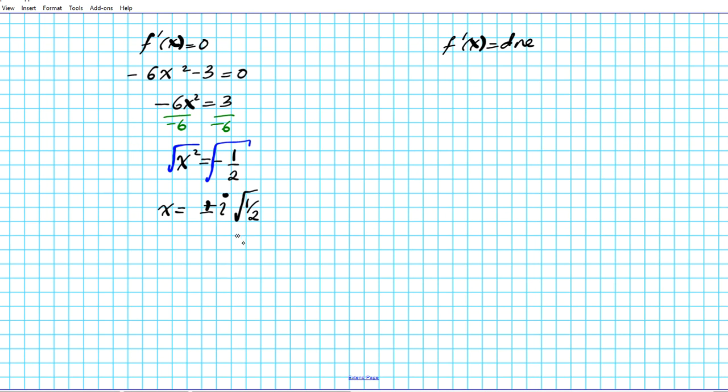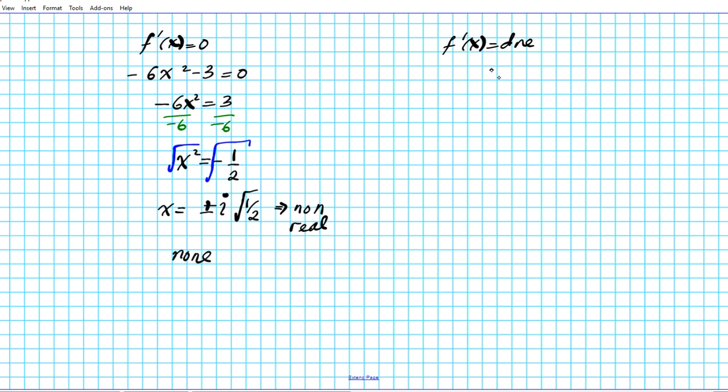Okay? You can simplify that further, but we can stop here because this is non-real. Imaginary numbers do not qualify as critical numbers for a function, okay? So this tells us that there are no points on the graph where the derivative is equal to 0, okay? Alright, so this part has failed us.